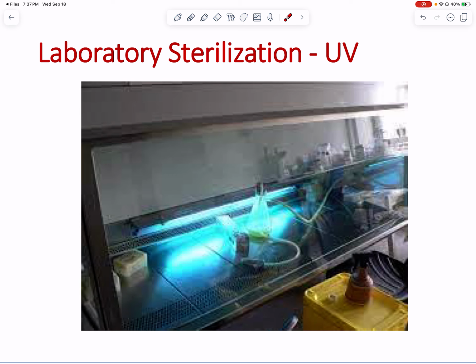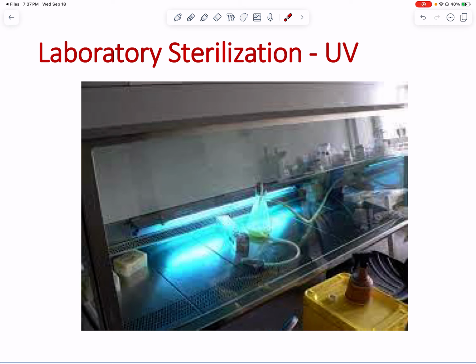Now, we don't actually use UV light sterilization anymore, not because it doesn't work, but because the NIH and the CDC have determined that it poses a lot of risk and harm to scientists as well. You can imagine that this UV light is going to be in our laboratory space.